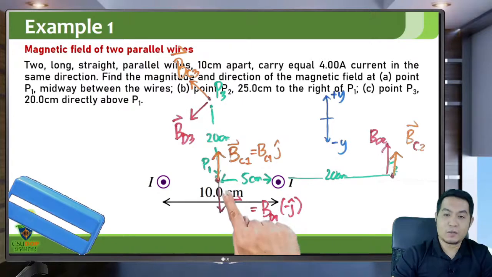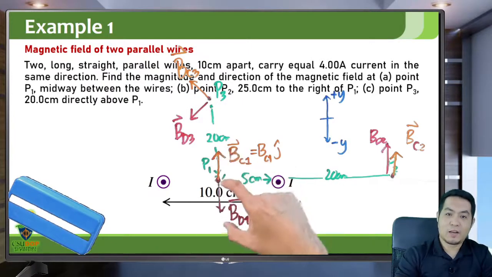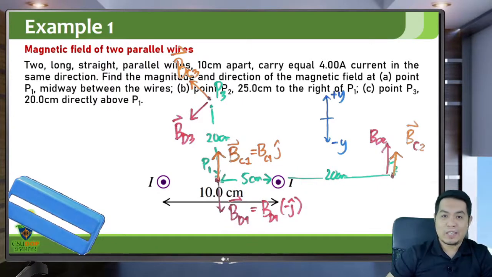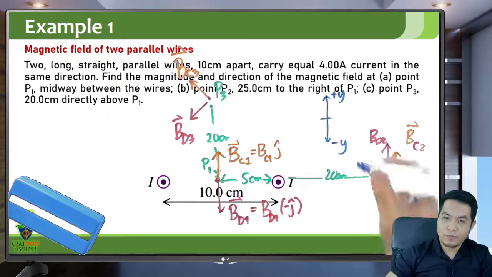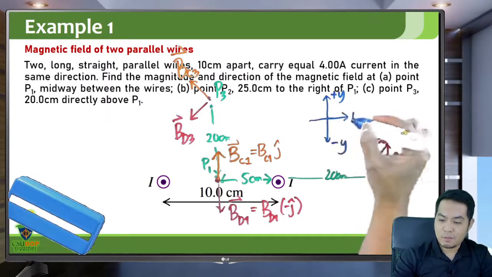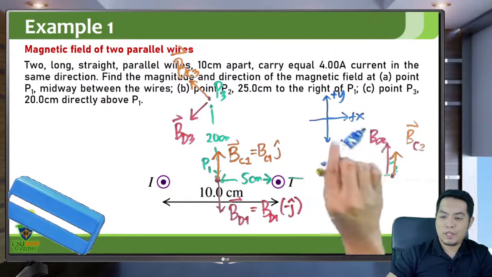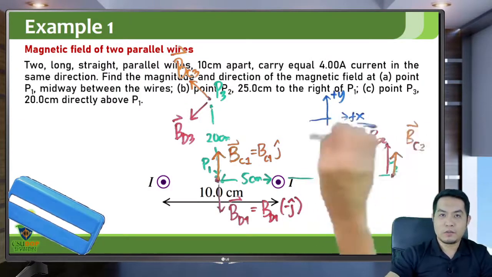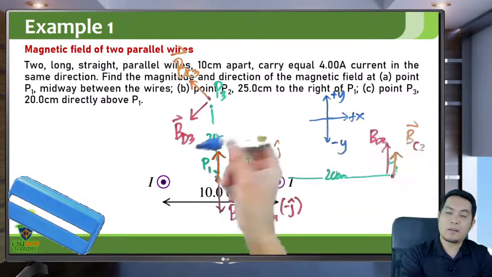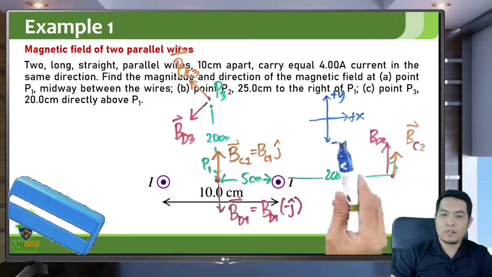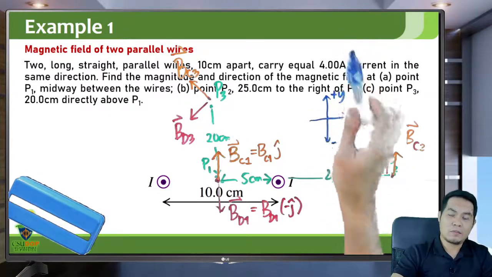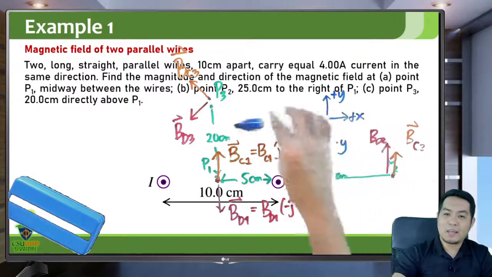So similar to here, the magnitude of our vectors will be the same. Take note that these two vectors now have two components. Assuming this is the positive x-axis, to the right will be positive i hat, to the left will be negative i hat.